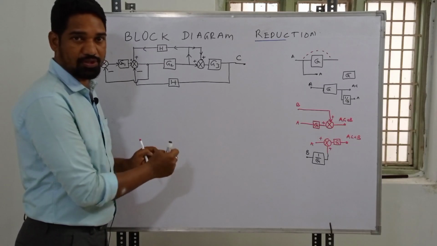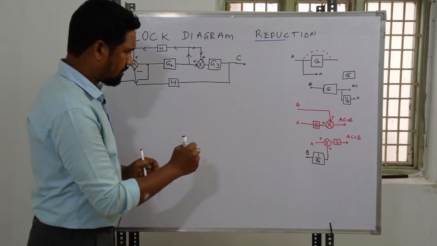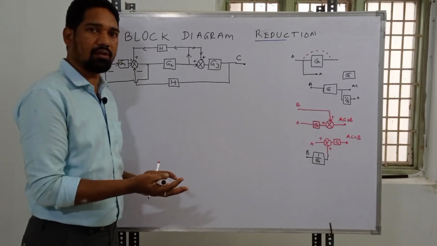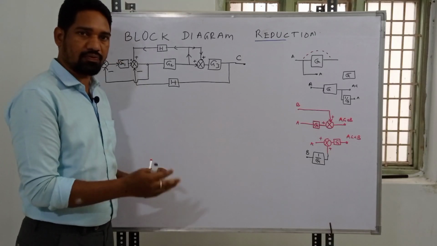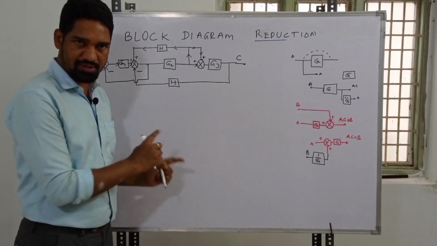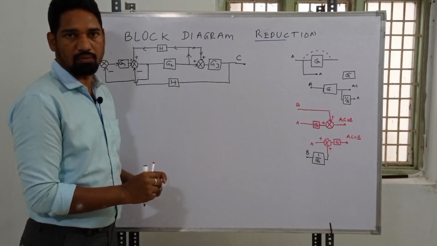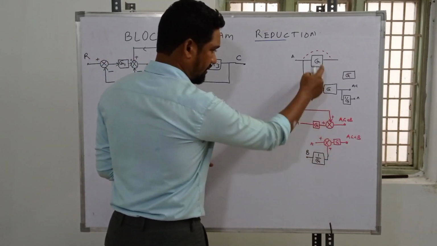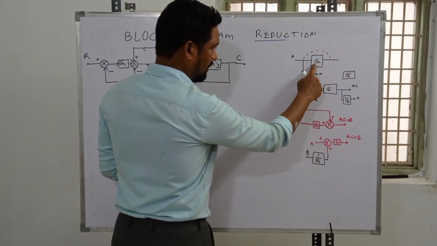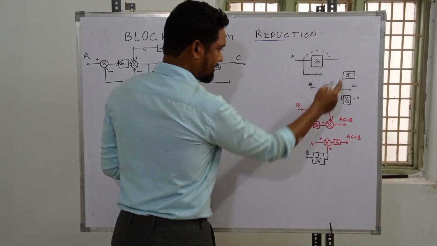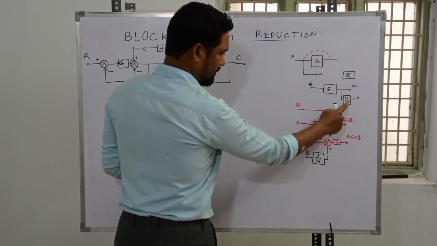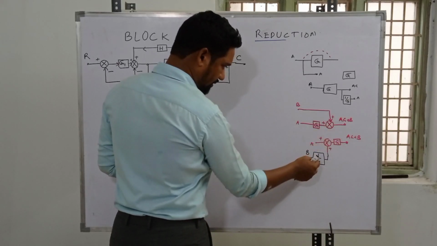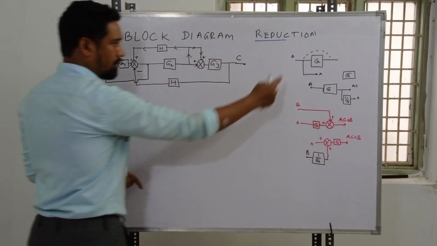Let us exercise on this one. The question is, do we have to make use of all the rules, all six to seven rules, while obtaining the transfer function using block diagram reduction? No, but two of them are repeated again and again. Shifting a takeoff point to the other side, we need to introduce 1 by G, and shifting a summing point to the other side is the inverse, with the takeoff point and summing point.